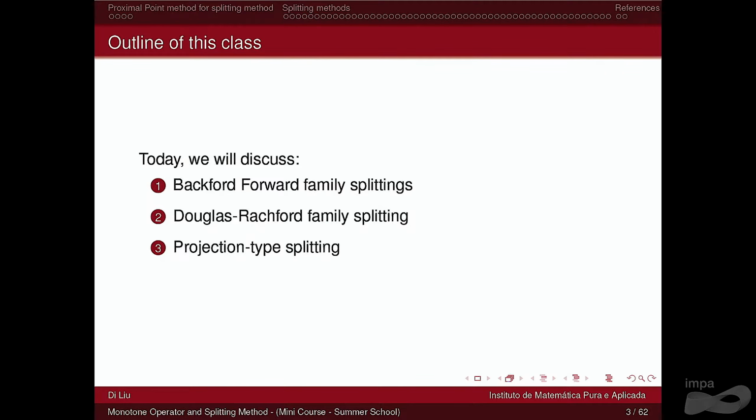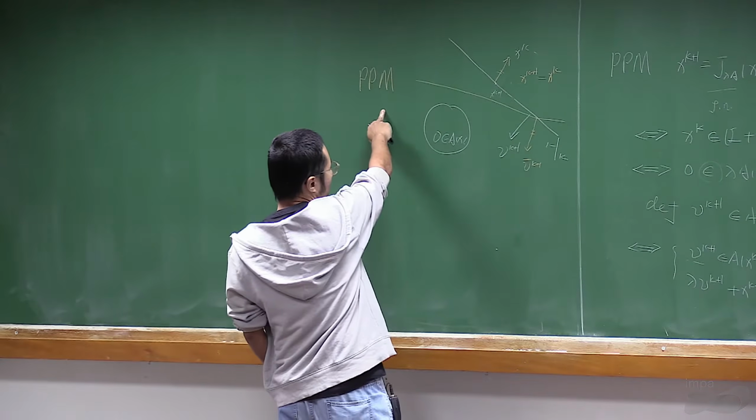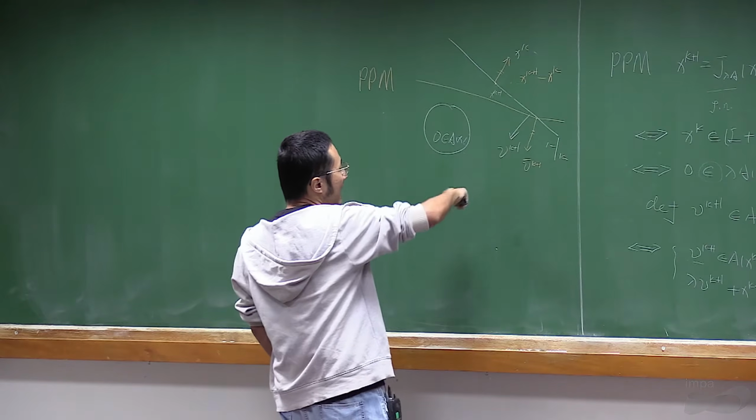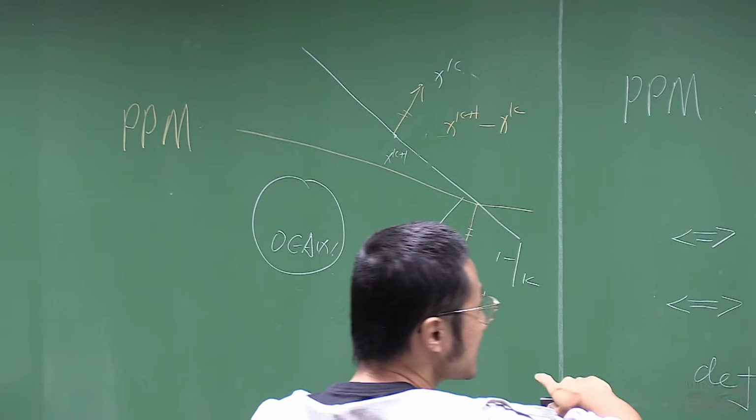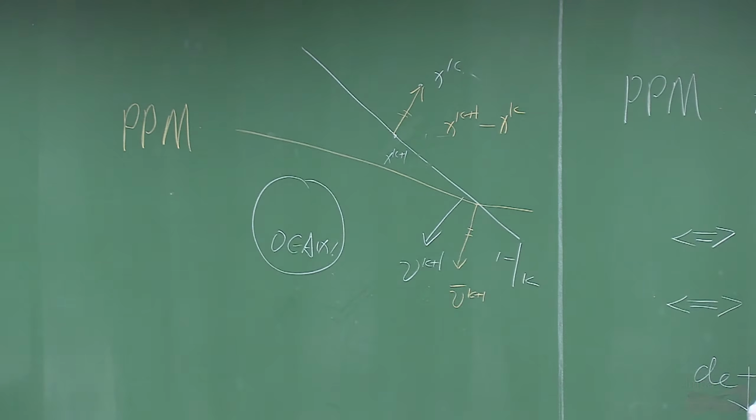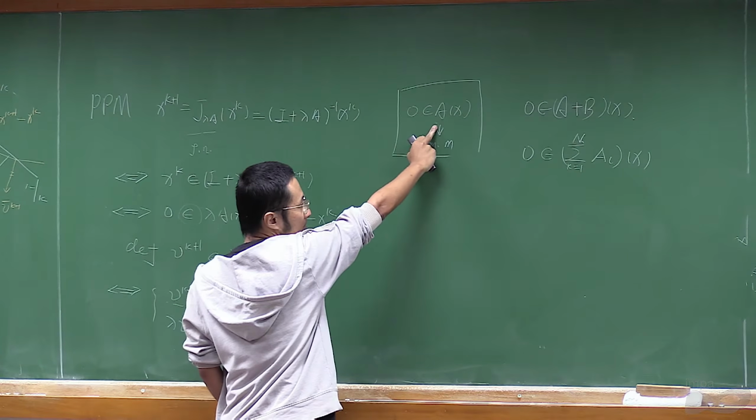But the third one, which I call projection type splitting, is different. This family of methods is based on the fact I have discussed here, that the PPM can be regarded as a projection method. But PPM is just for one-operator inclusion problems.